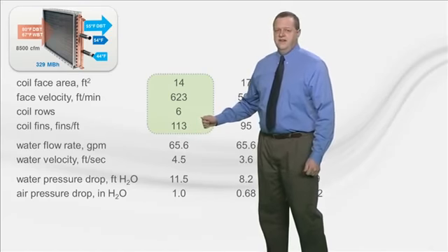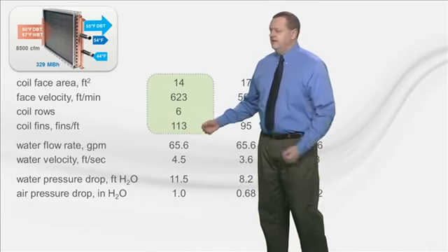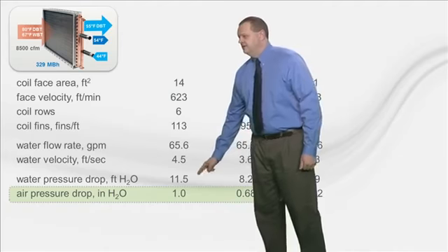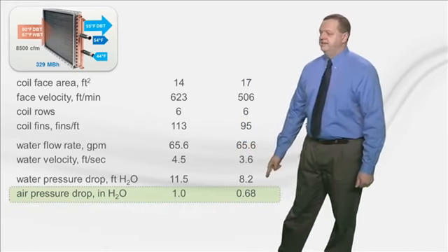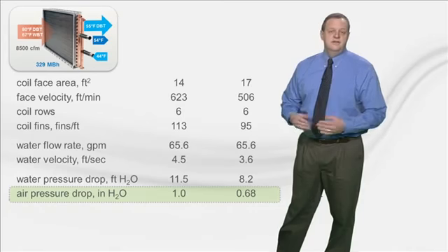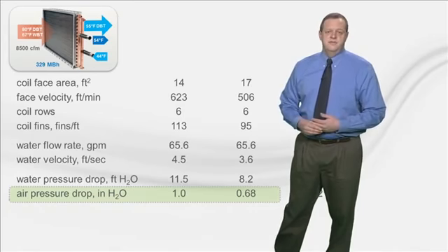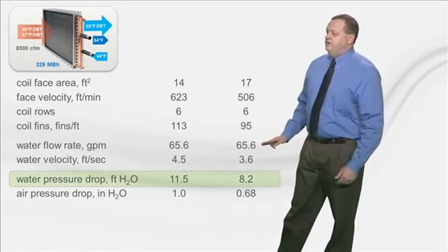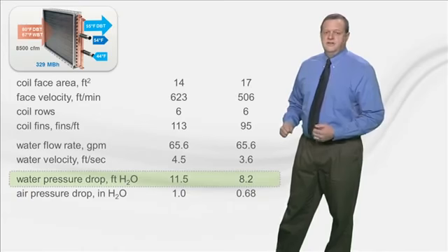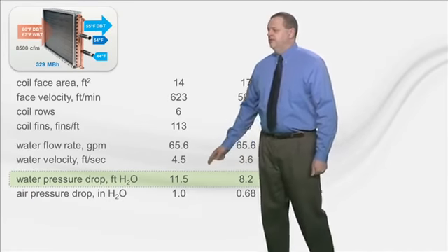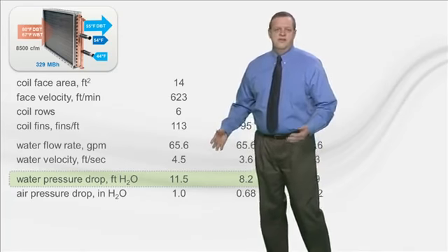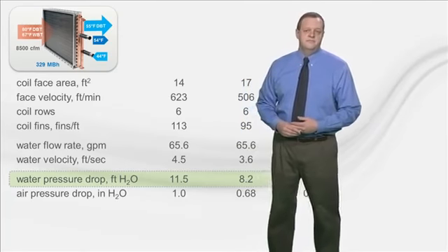Due to the higher face velocity and more fins, the air pressure drop increases to 1 inch in the smaller unit compared to 0.68 in the size 17 unit. This, of course, impacts fan energy. And pumping this same GPM through a smaller coil does increase the water pressure drop from 8.2 to 11.5 feet. And of course, that impacts pump energy.